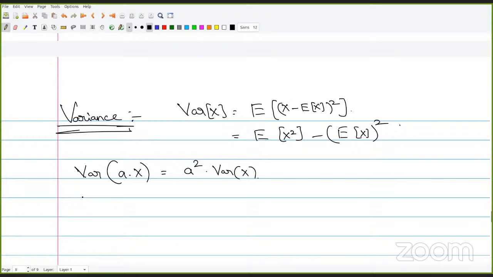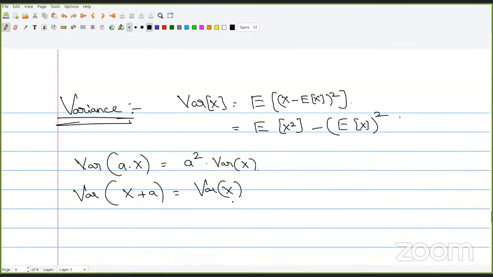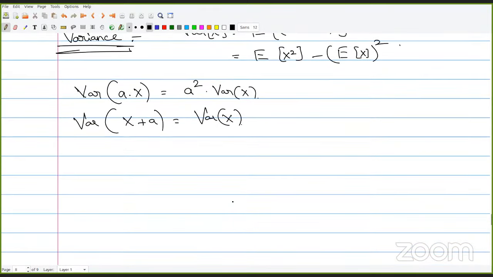Just because mean and standard deviation have the same units, while variance has squared units. In order to have equal units for mean and variance, we take the square root and call it standard deviation. And variance of x plus a will be the same as variance of x. These are the two important properties of variance.